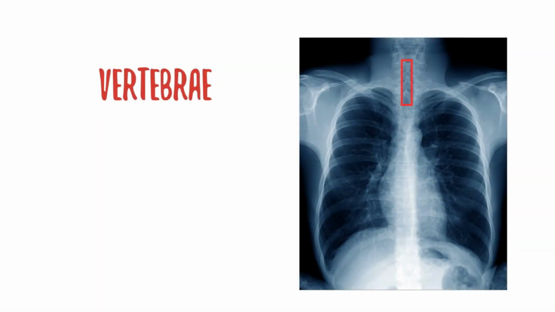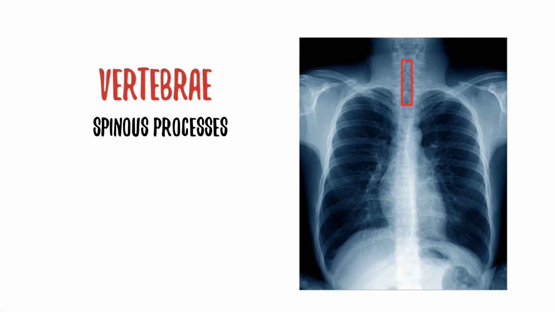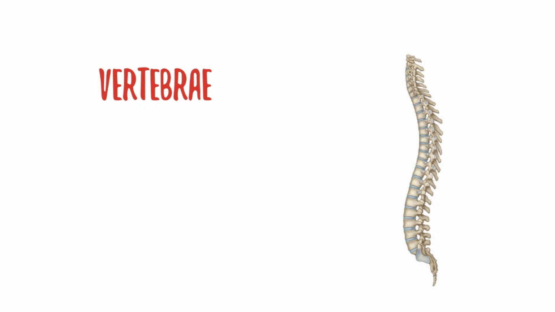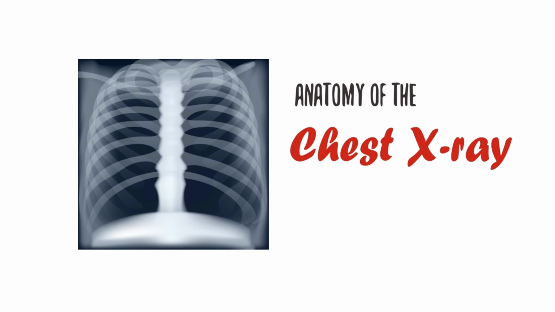You can identify the vertebra because of the presence of spinous processes. These are the nodule-like structures which are very prominent, located across the center of the thoracic cavity, moving down in a linear fashion. You have your cervical, lumbar and thoracic vertebra, and it's important to identify these on a chest x-ray. So there you have it, that's the anatomy of the chest x-ray.